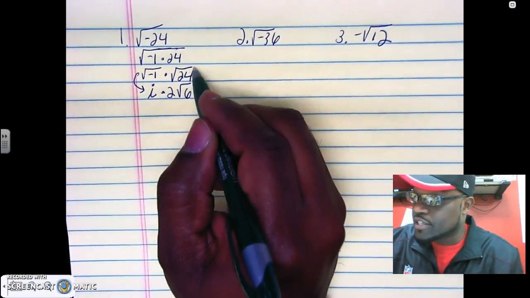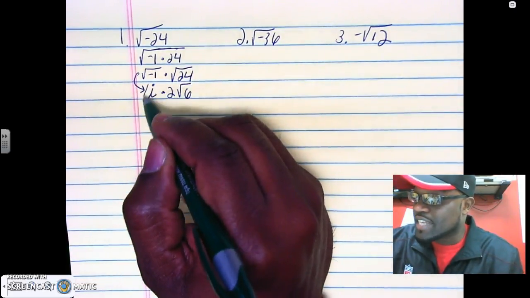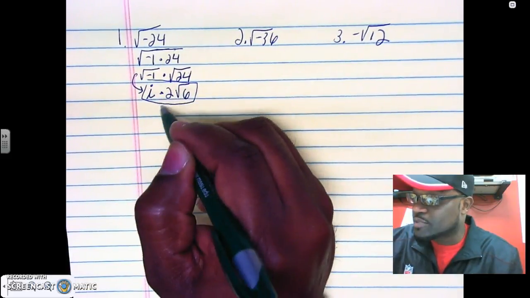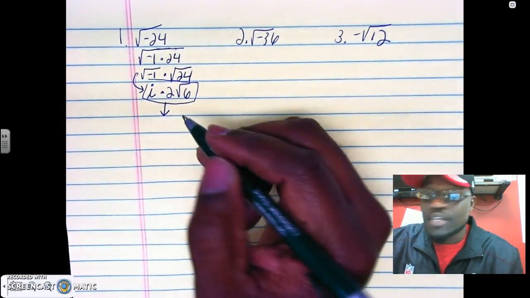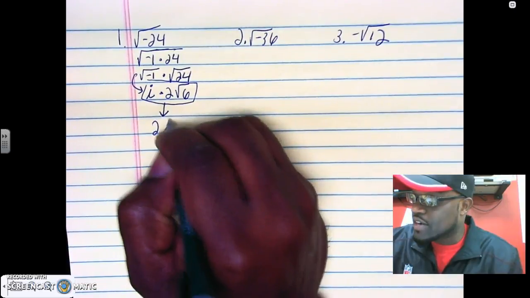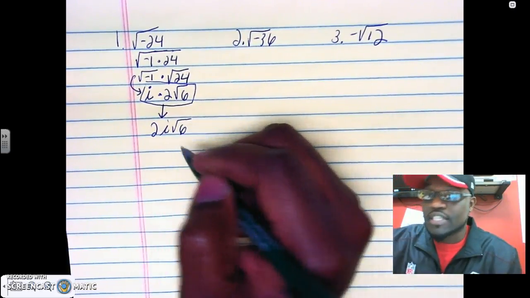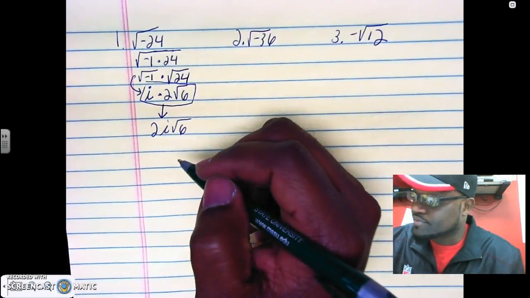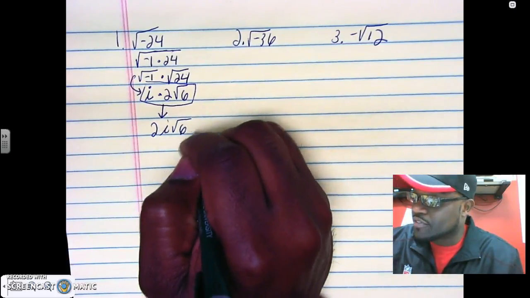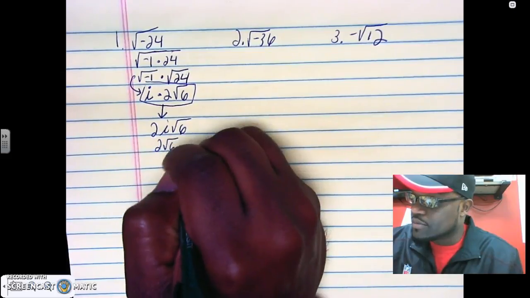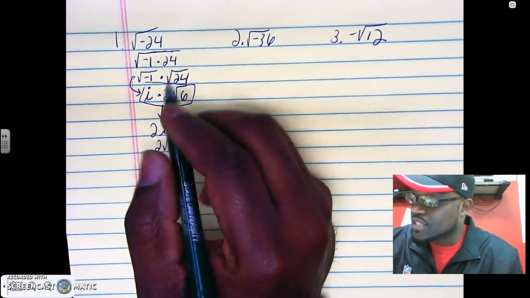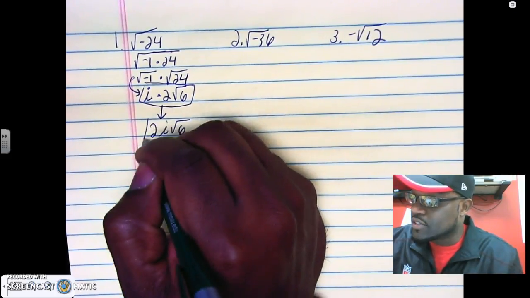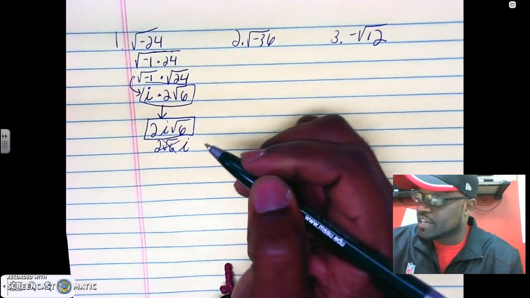But you can do this. Now, how do you write this as your answer? Because that's not your answer. I just boxed it, but the proper way to write that is 2i square root of 6. That's normally how you would see that written. Sometimes the i is after the radical, but I don't see that often. This is the normal way to write your answer.